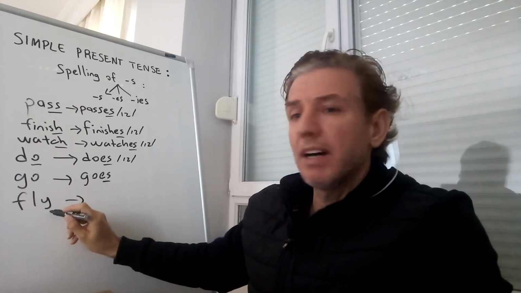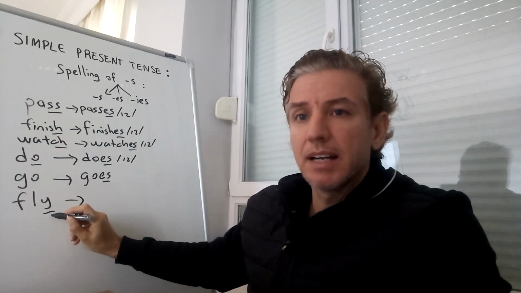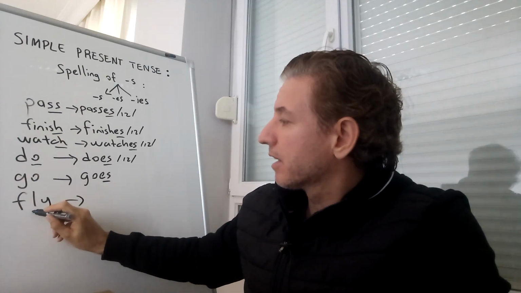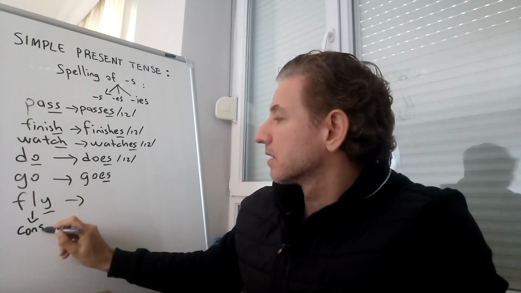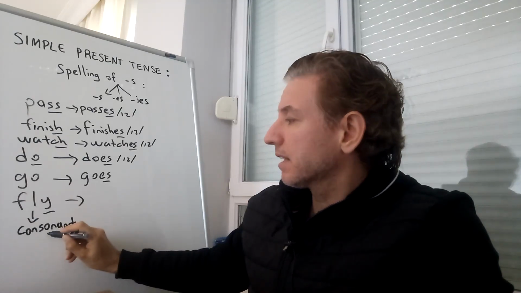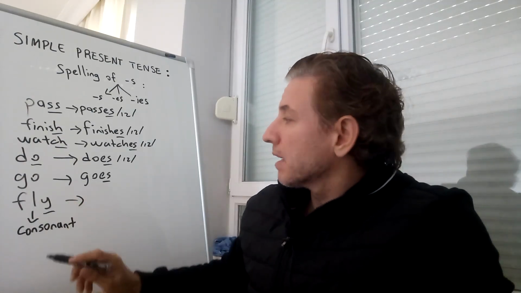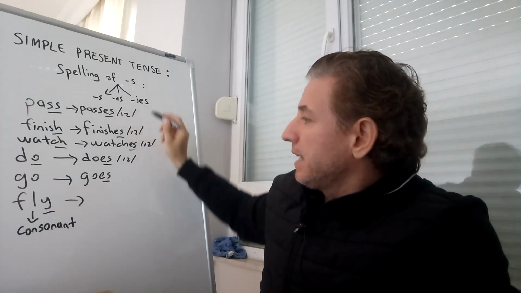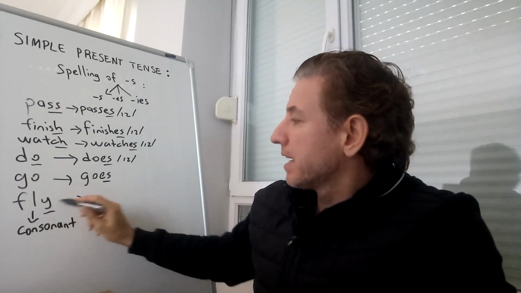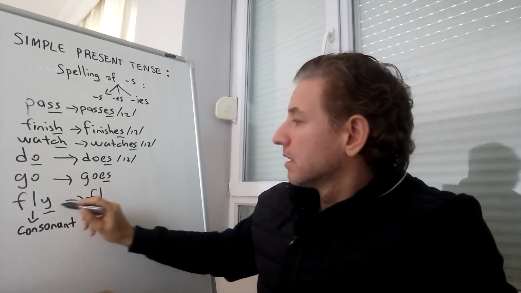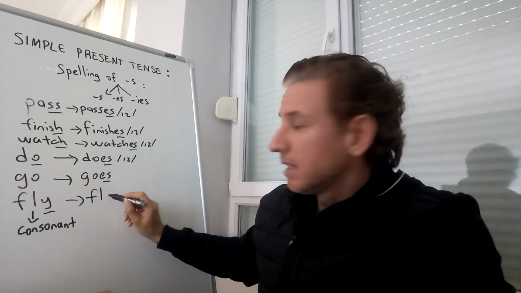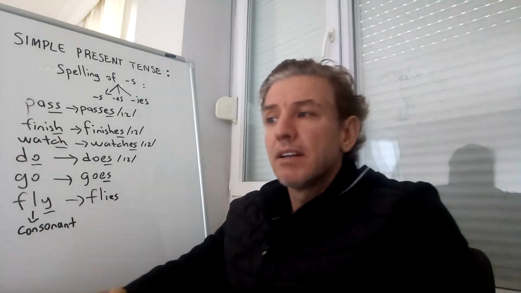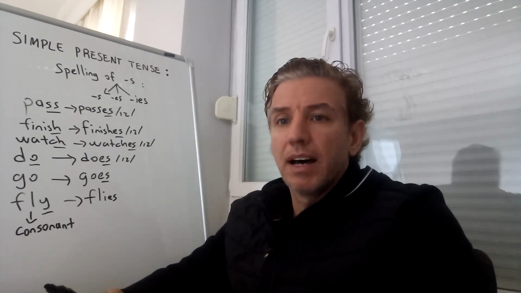If there is Y at the end of a verb, and before Y there is a consonant, like L here, we don't use normal S or ES, we use IES, and we omit Y. Instead we use IES, like this, flies. Fly, flies.